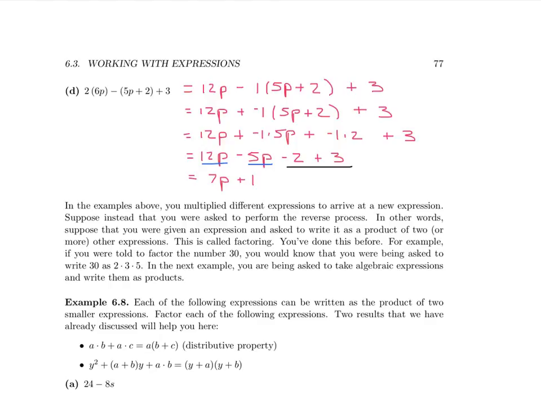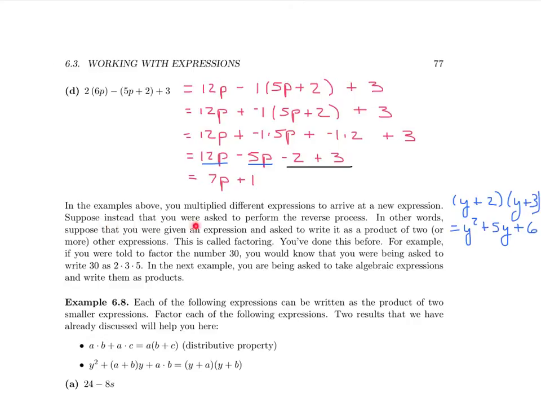In some of the earlier examples in this screencast, you multiplied different expressions to arrive at new expressions. For example, in an earlier example, you were asked to multiply y plus 2 by y plus 3, and you arrived at y squared plus 5y plus 6.